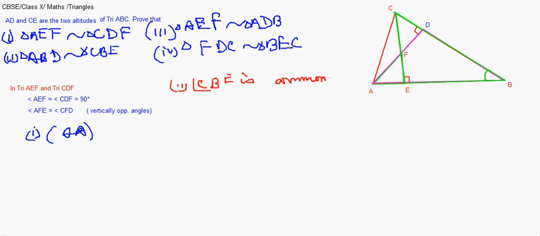What else? You also have angle ADB equal to angle CEB. Just be careful, you write the angles which are part of the triangles given. They both are 90 degrees, it is already given. So again, by AA criteria we can prove ABD similar to CBE.